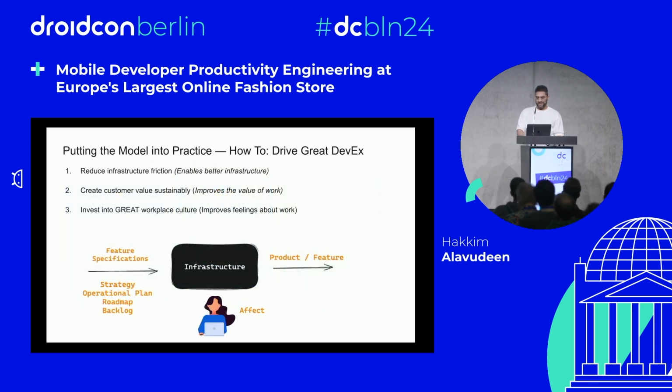So putting the model into practice, how do you then tangibly drive great DevX? The first is, of course, you want to enable better infrastructure by reducing infrastructure friction, right? So that was the first box, addressing the first component. Second is you want to improve the value of work.